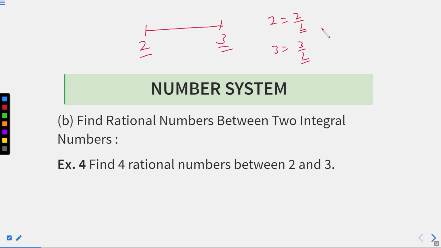Let's multiply and divide our fraction by 12. So 24 by 12 is equal to 2 and 36 by 12 is equal to 3.